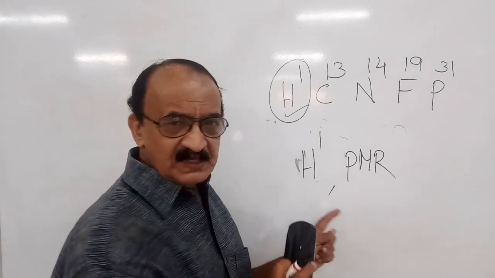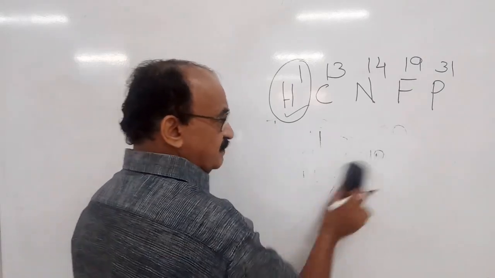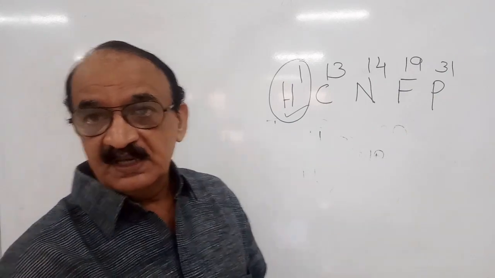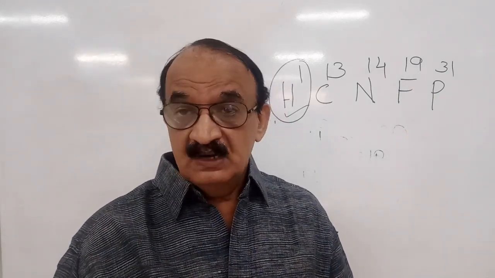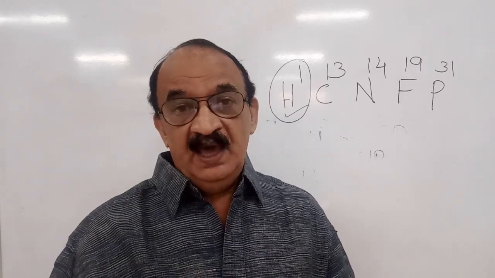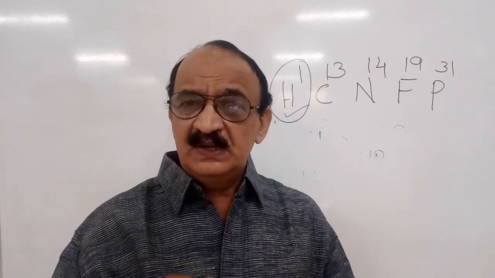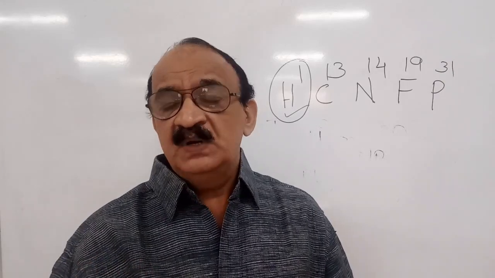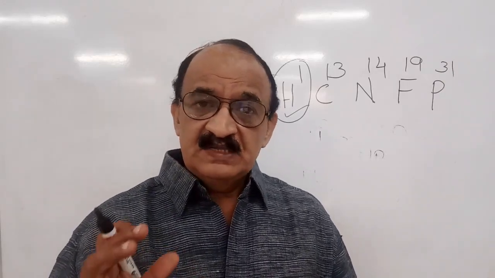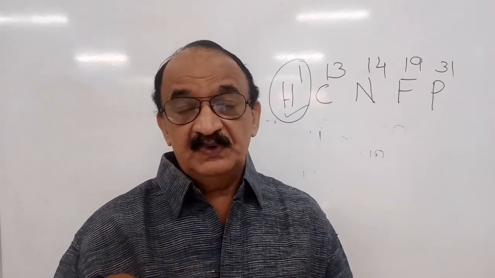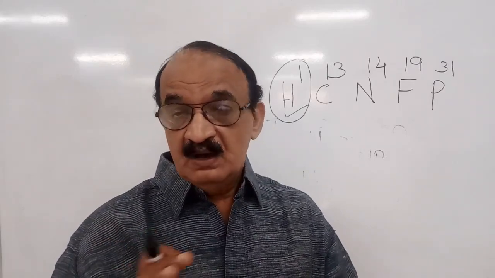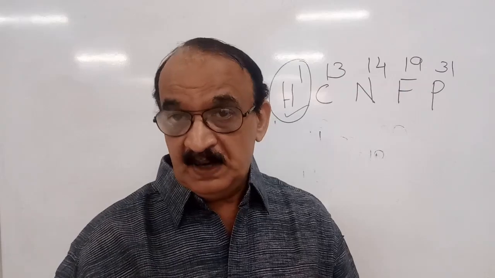The concept of PMR was put forward by Purcell and Bloch in 1949, and they were awarded the Nobel Prize for this invention. It revolutionized the scientific community, and it is widely used for diagnostic purposes and also for determining the structure of organic compounds.